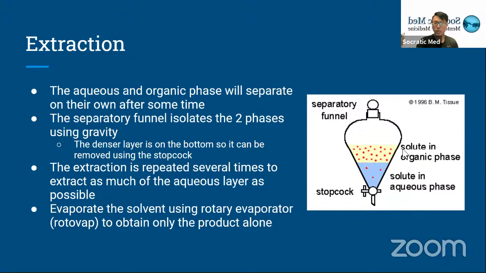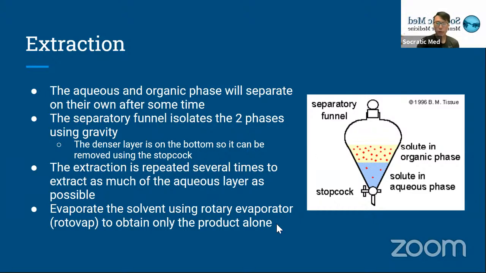If you're extracting a non-polar product, you will keep adding more organic solvent and keeping the organic phase. But if you are trying to extract a polar product, then you will keep adding more polar solvent and keeping the aqueous phase.